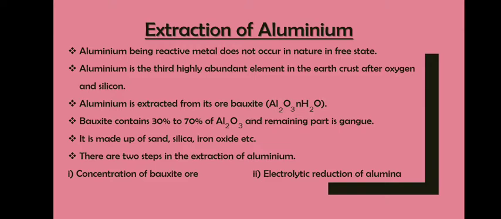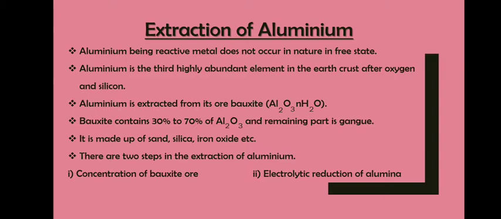Aluminium is extracted from its ore bauxite, which is Al2O3·nH2O. n stands for n number of molecules of water. Bauxite contains 30% to 70% of aluminium oxide, and the remaining part is gangue. It is made of sand, silica, iron oxide, etc.